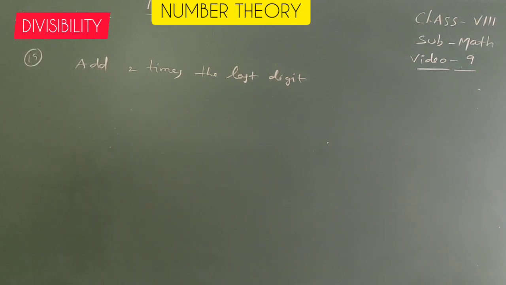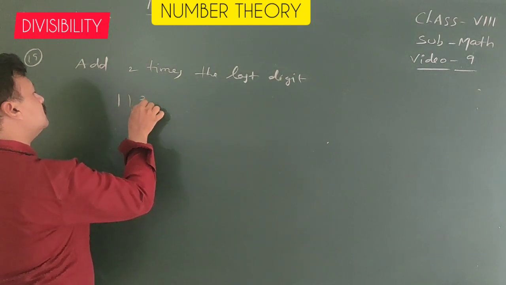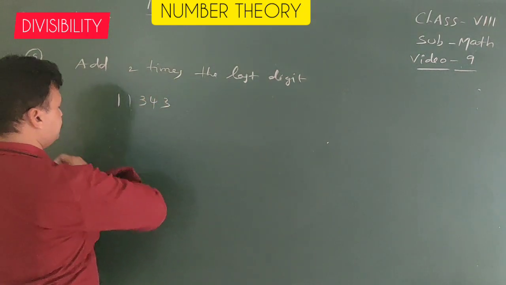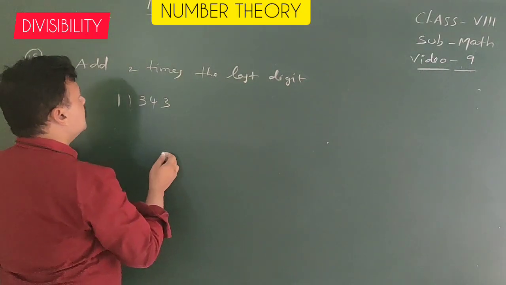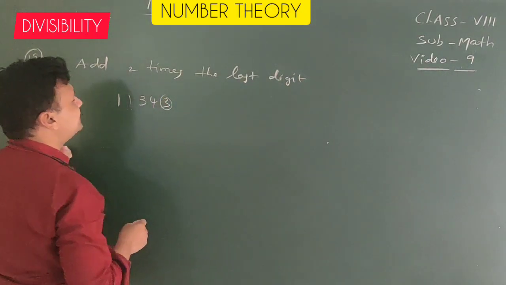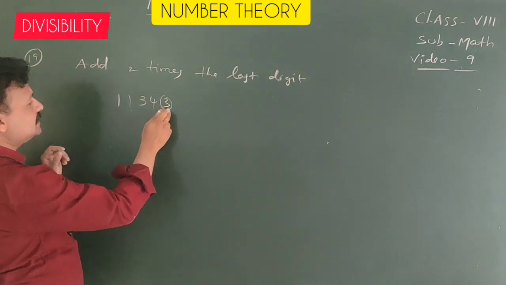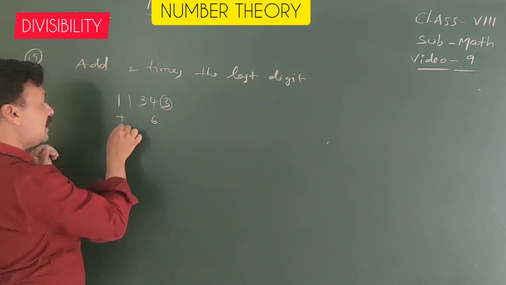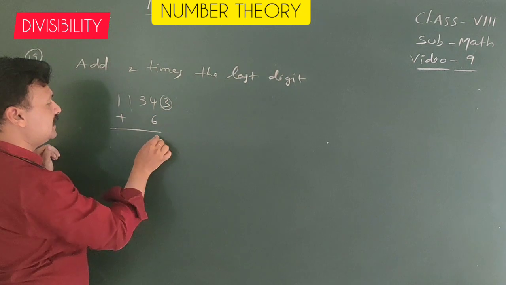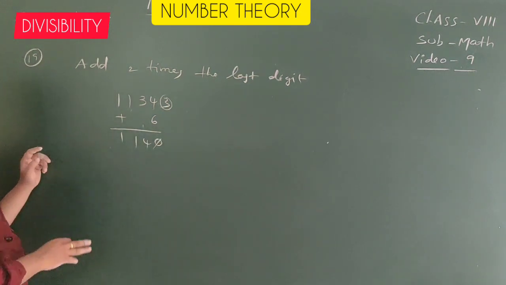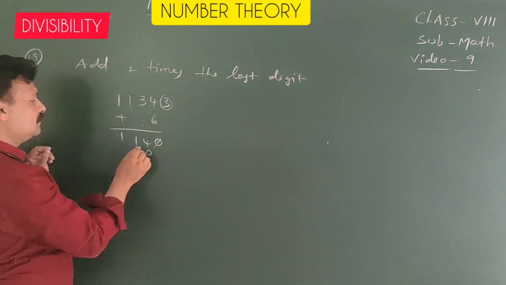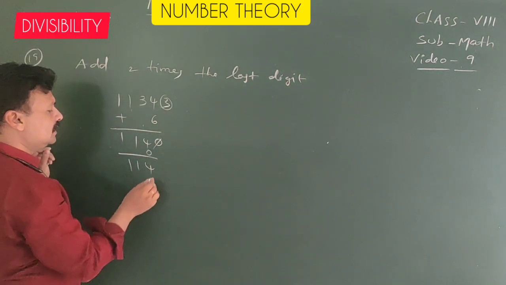Okay, we will check with the help of an example. Here, the example is 11343. Here, the last digit is 3. Twice of 3 is 6. Now we need to add. Here 1134, 4 times... 1, 1, 3 and 4 is 11... Okay, 1, 1, 4.